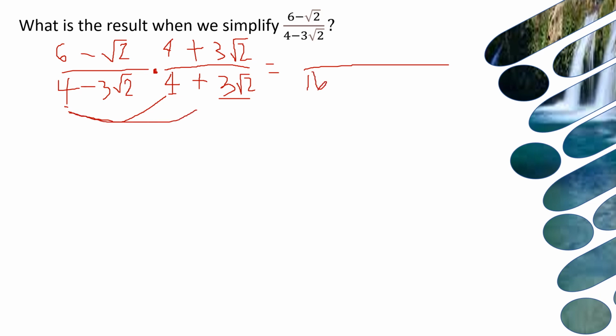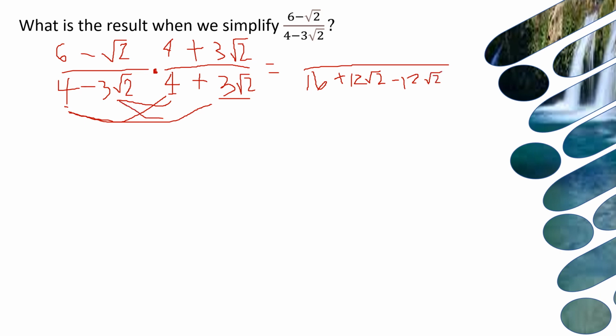Then outer terms, that's 4 times 3 square root of 2, that's positive 12 square root of 2. For the inner terms, we get negative 3 square root of 2 times 4. So that's negative 12 times square root of 2.